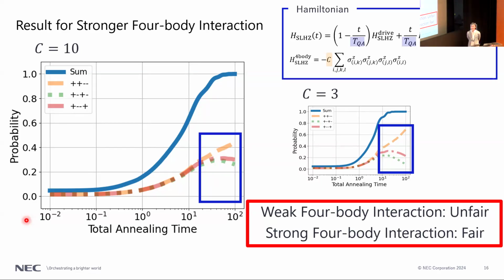Yes, as we expected, in longer annealing time, the behavior of C equals 10 is the same as C equals 3, but now we don't think that this behavior is the same because we calculated fairness and TTAS. The behavior of fairness and TTAS is different for these cases.